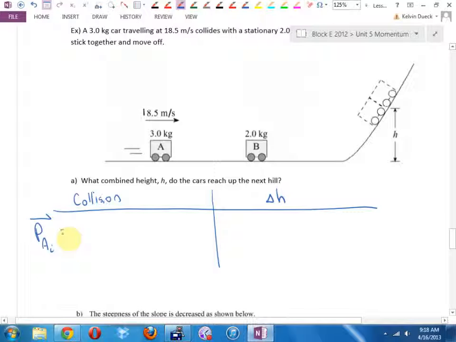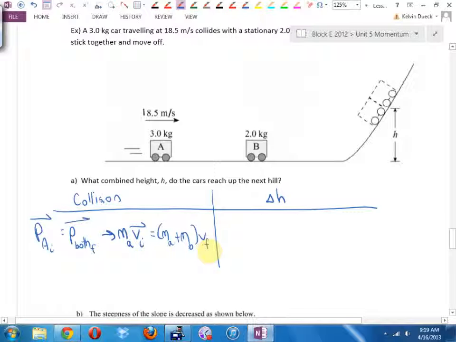Mass A, mass B, or both? Stuck together or separate? So I think it's going to be mass A, V initial equals mass A plus mass B, V final.